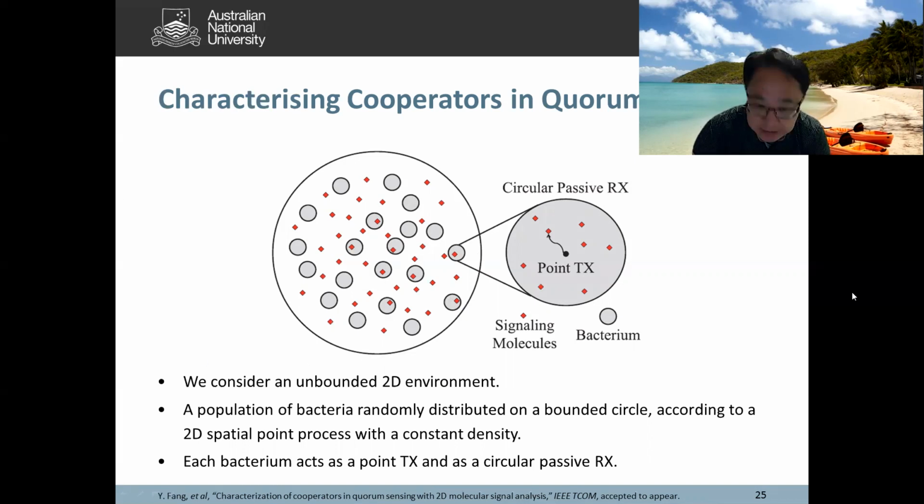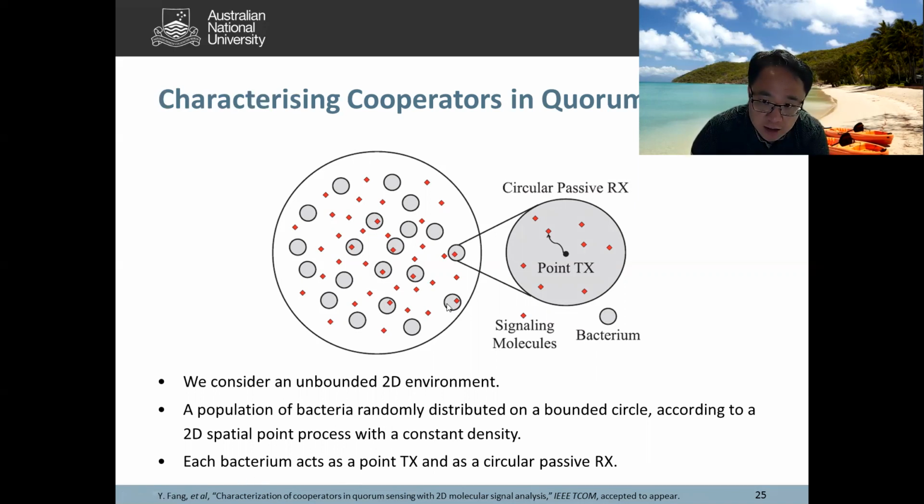So the environment is unbounded, but the bacteria are distributed within this bound. And for this bacteria distribution, we use a 2D spatial point process with a constant density. So the density decides how many bacteria are distributed within this given bounded circle.